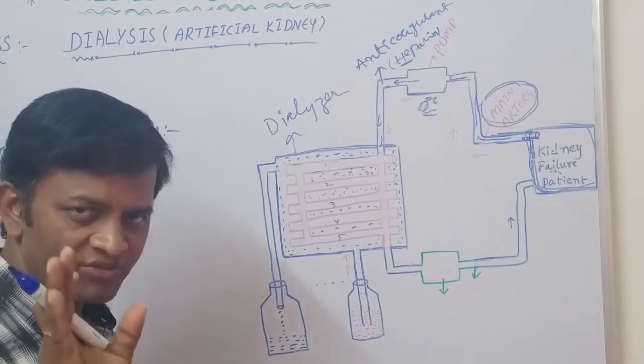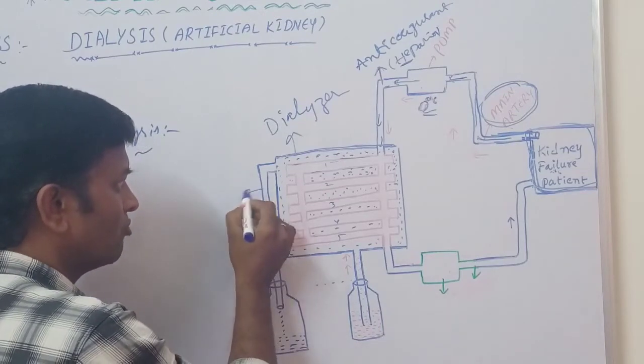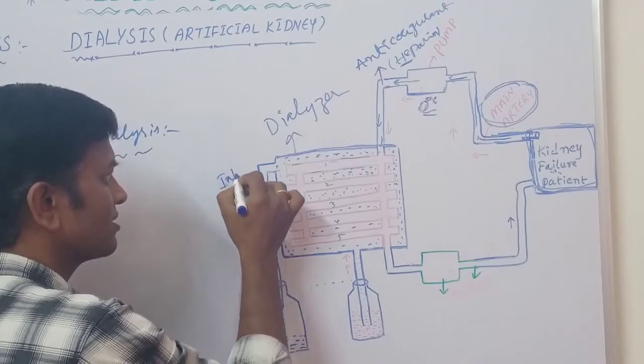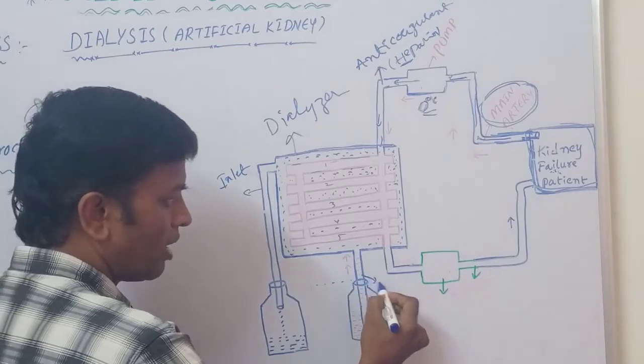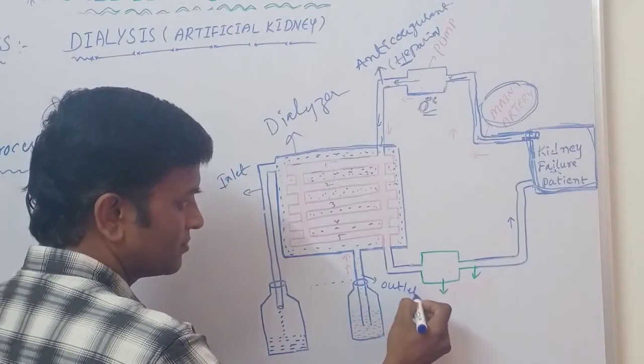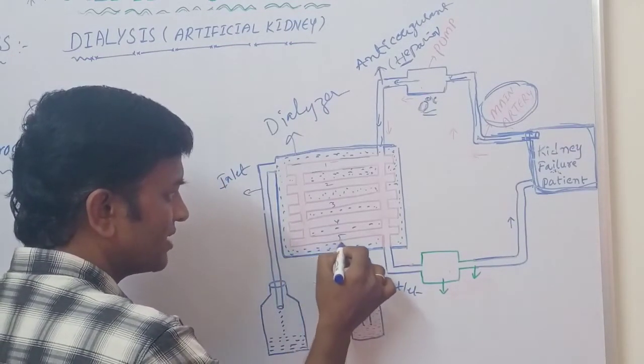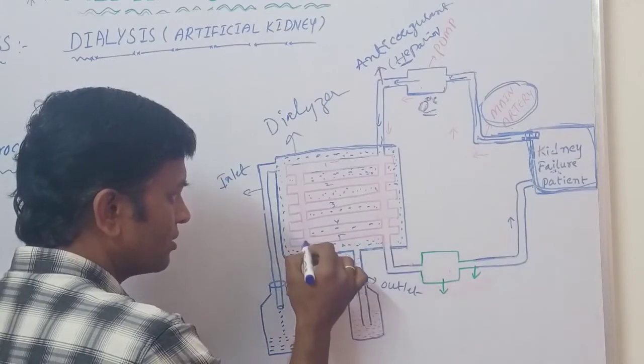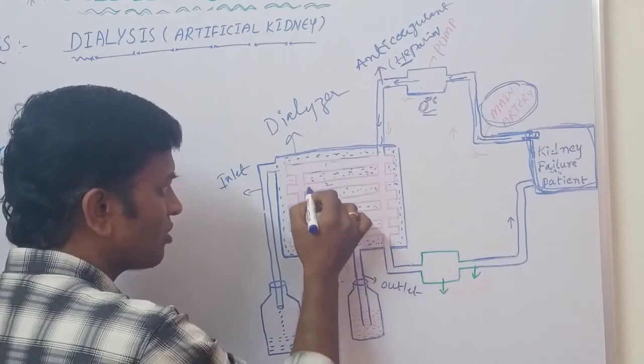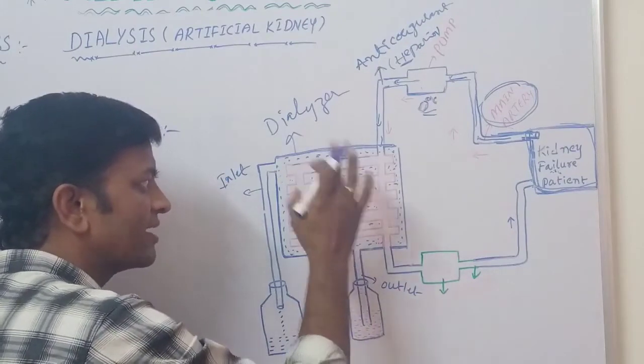If you observe the structure of the dialyzer, one inlet is there, and next one outlet is there. Inside, the dialyzing fluid is there, and tube-like structures are embedded in the dialyzing fluid.